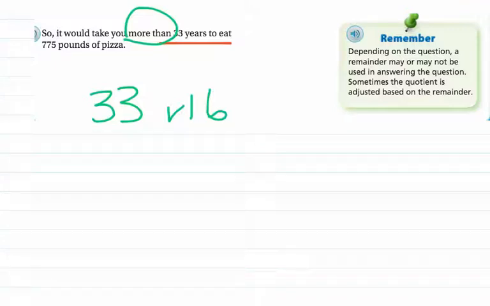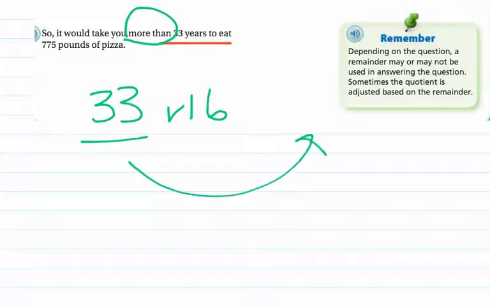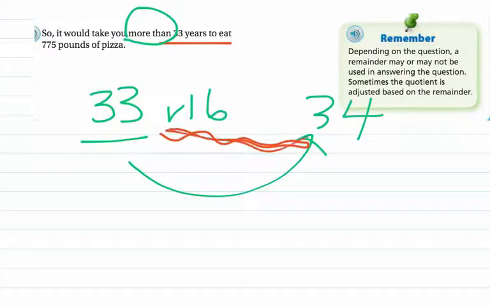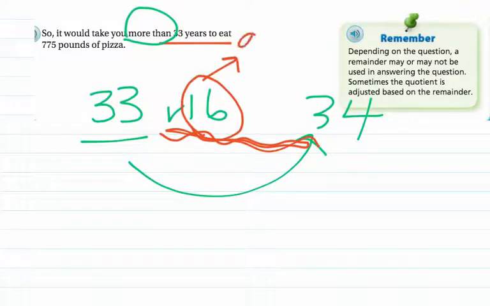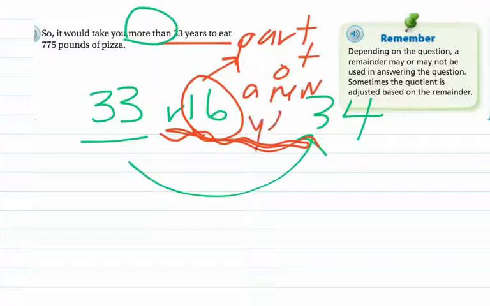So what this answer is telling us, students, is that it's not exactly going to be 33 years, and it's not actually going to be exactly 34 years. It's going to be somewhere in between these two numbers, because this remainder is showing you part of a new year that it would take you to eat the pizza.